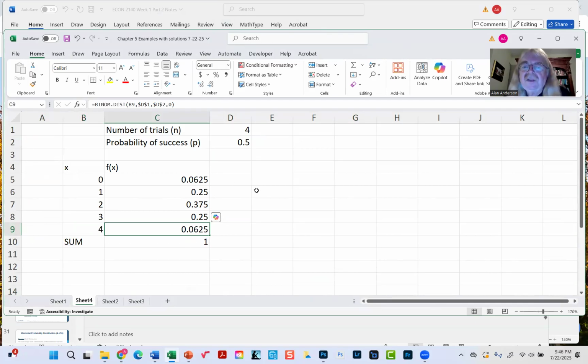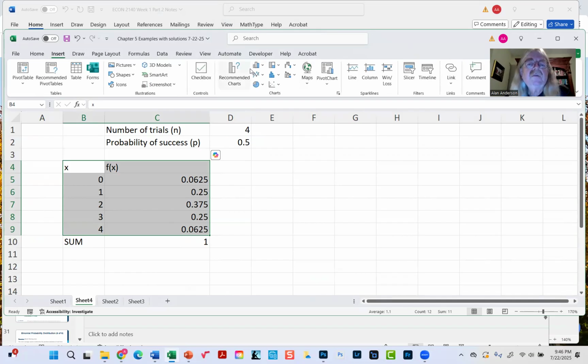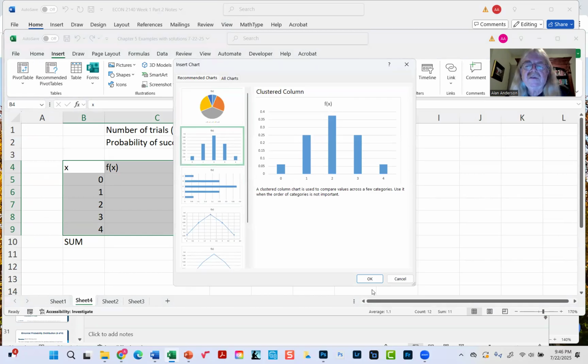Now, if you notice, it filled in everything for us automatically, and those are the same numbers we just had. Not only that, but if we want to create our own plot, we just click insert, recommended charts, and what do you know? There it is.